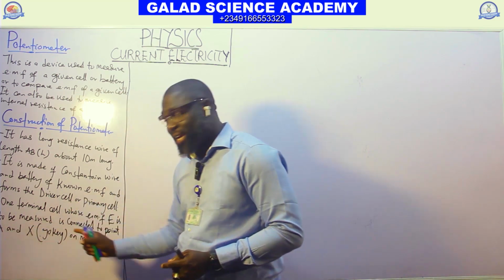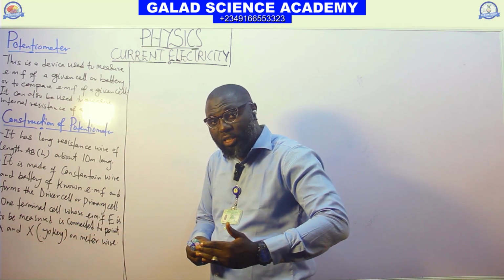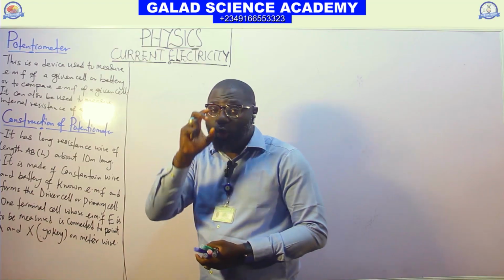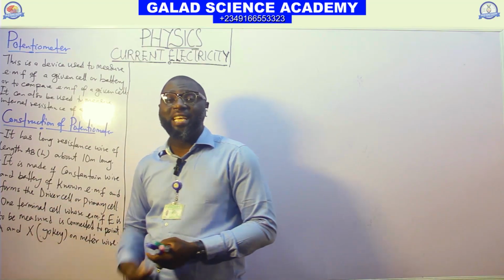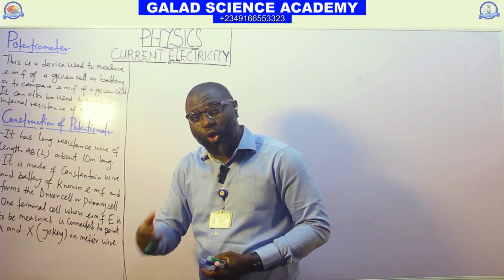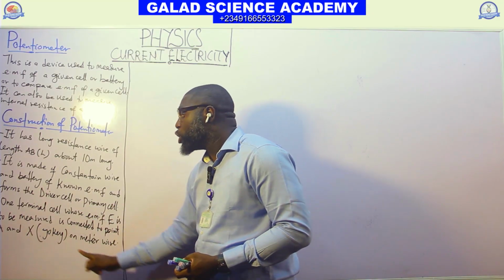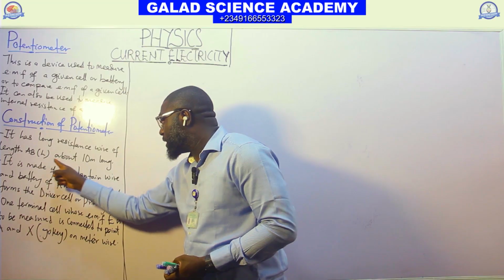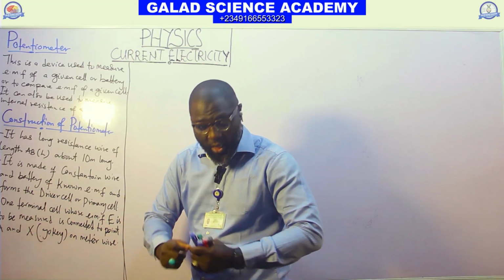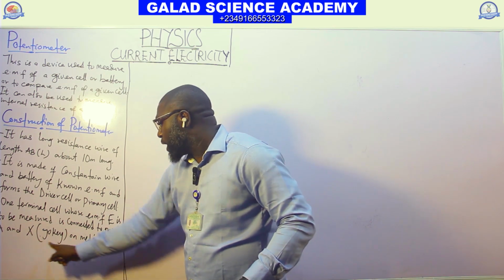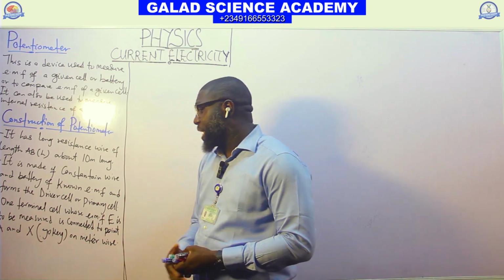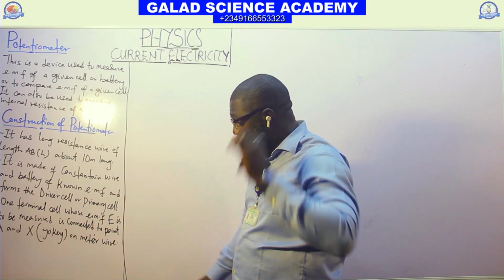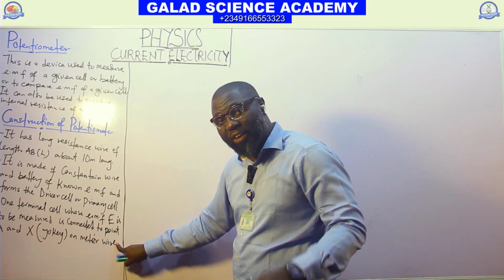So the cell that we want to measure is the one of unknown EMF. The first cell that you have here, the battery, we know the EMF. You now connect the cell of unknown EMF that you want to measure to the meter rule on which we already placed the uniform wire, with the jockey on the uniform wire, through a galvanometer.